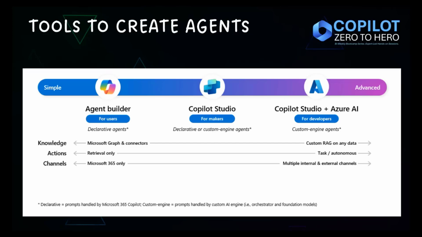But if you really want to go to advanced agent building, that is when you start involving Azure AI and Azure AI Foundry and the tools that are available in there. So you can really start building agents that are either really simple or super advanced, but you've got all the tools in the Microsoft tech stack that will enable you to do that.